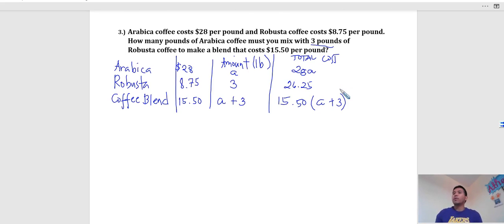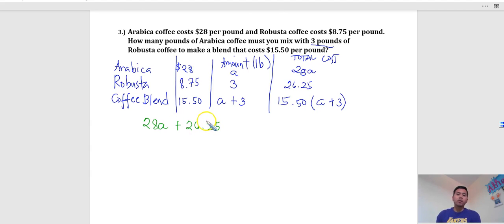So first we have to write an equation to represent the situation. The equation that we'll be using is 28, the price of Arabica, times A, which is the amount, plus 26.25.